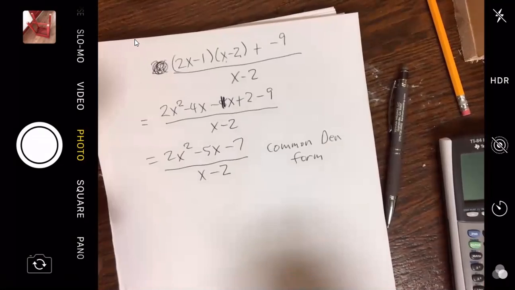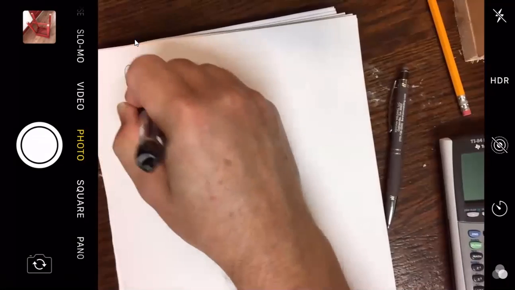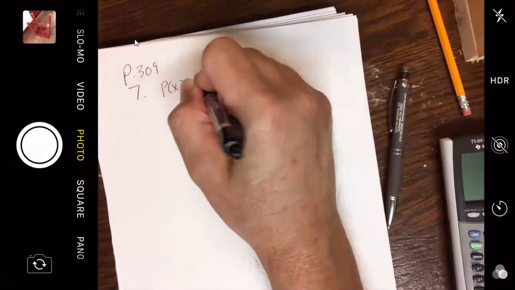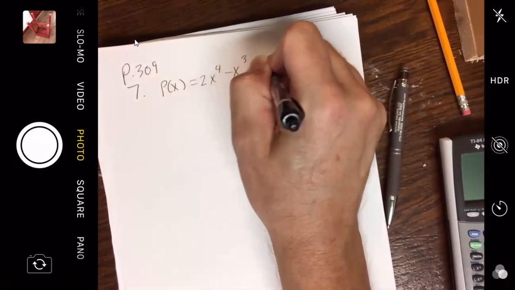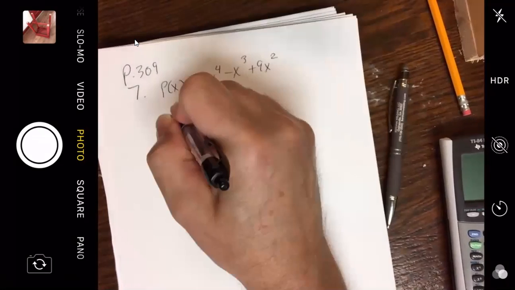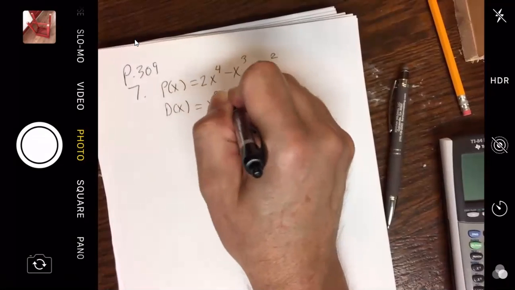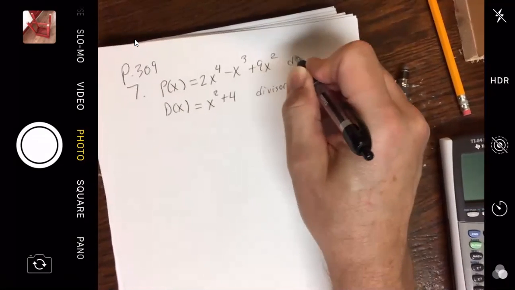Why don't we try one like number 7? Your P of x is 2x to the 4th minus x cubed, add 9x squared. D of x, the divisor, is x squared, add 4. Divisor, dividend.